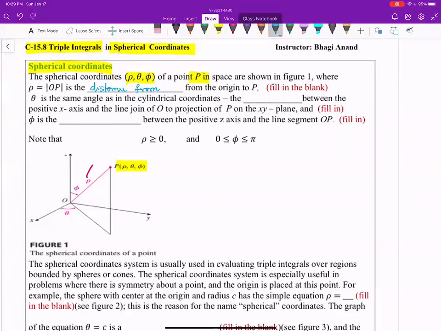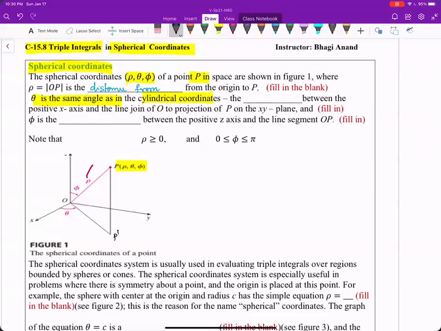Theta is the same angle as in the cylindrical coordinates or polar coordinates. So theta is the angle between the projection of the point P, which is P prime, and the x-axis. So the angle between OP prime and the x-axis on the xy plane, that is theta, which is exactly similar to the angle theta in cylindrical coordinates.